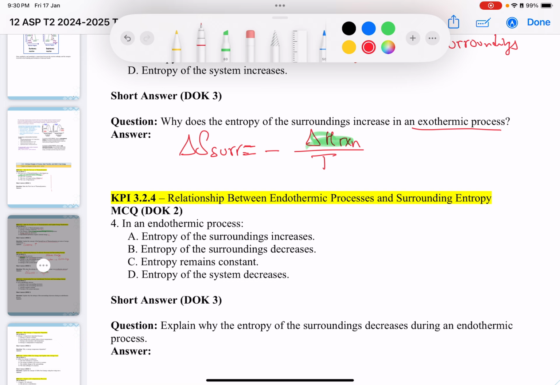An exothermic process has a negative enthalpy value and the temperature is always positive. So the answer will be positive, meaning the entropy increases for every exothermic process.